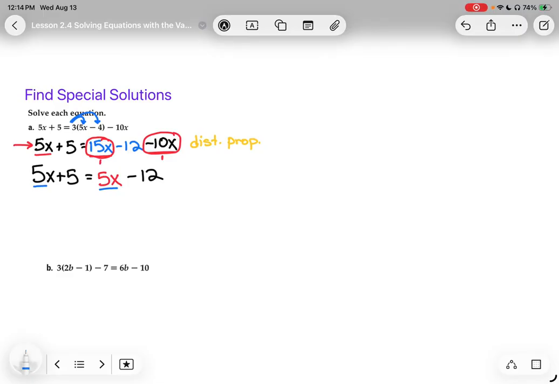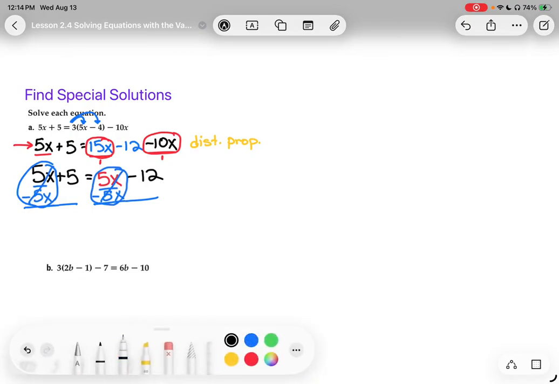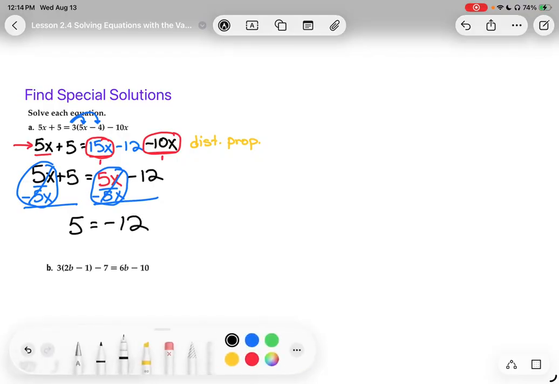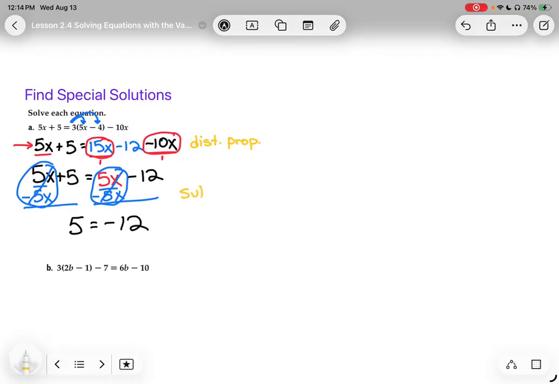Normally, we ask ourselves which one we subtract so that we don't have a negative, but here we're subtracting the same thing from both sides: minus 5x and minus 5x. And our x's are going to go away. So we end up with 5 on the left side and negative 12 on the right. This was the subtraction property of equality.